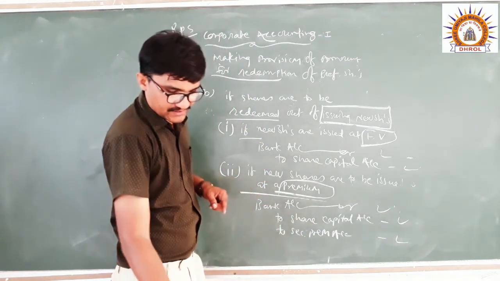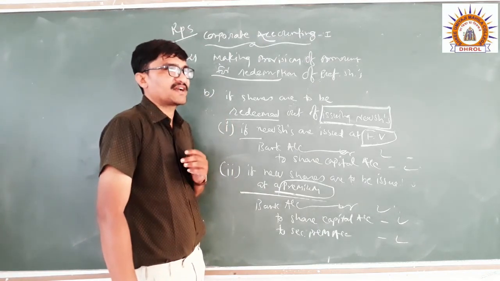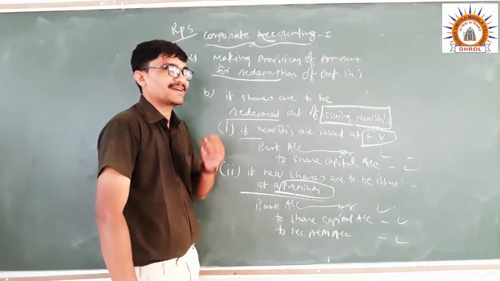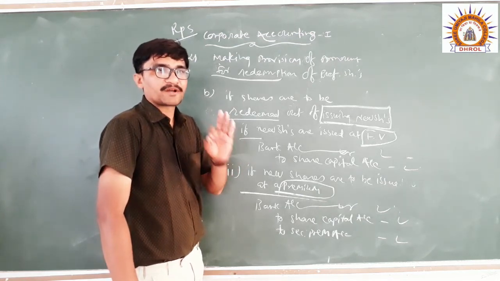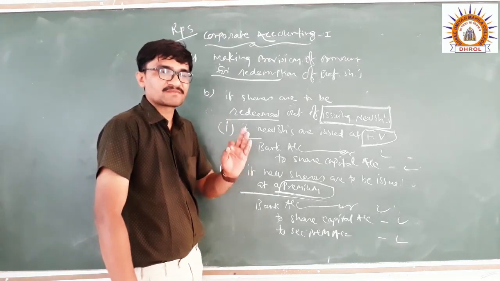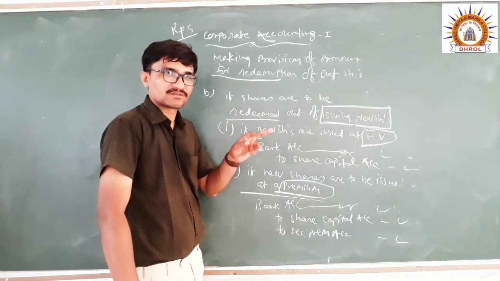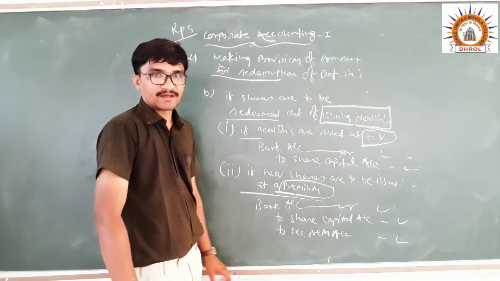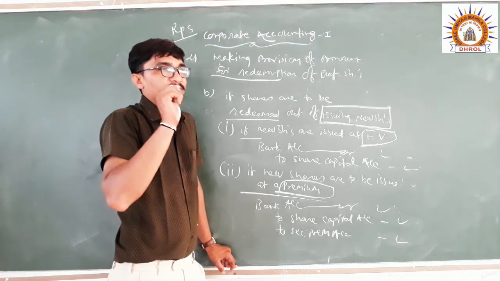One point is that a question arises, and the question can be related to the redemption of preference shares at a premium. It means the premium on redemption of preference share capital account is debited, right? Why does it happen?